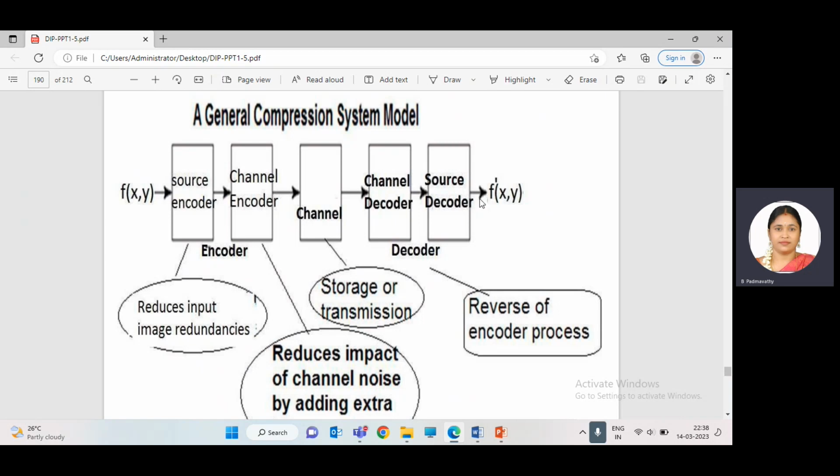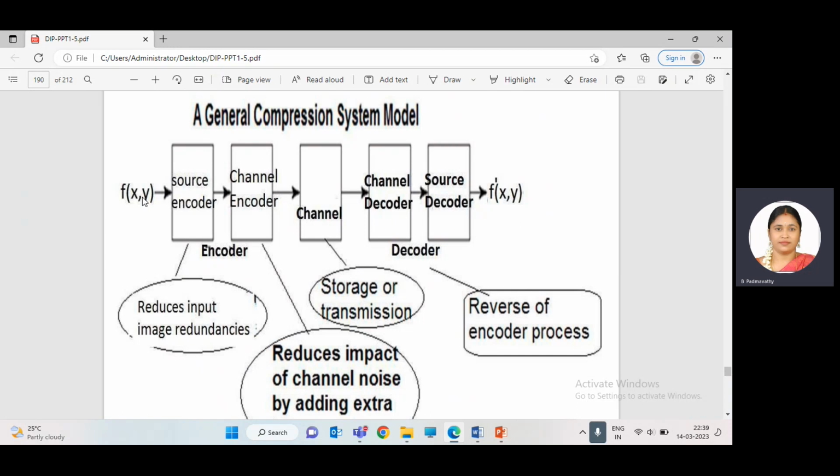After that, the size will be increased back to 1024 by 1024. So the image is large here and the same size here, but in between we are compressing, and here we are decompressing. The image is compressed and sent to the channel, and then the image is decompressed. So there will not be any loss of data from the source to the destination.